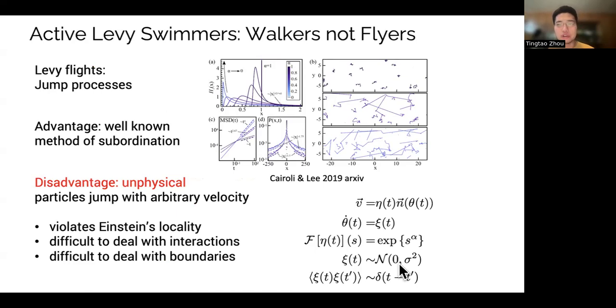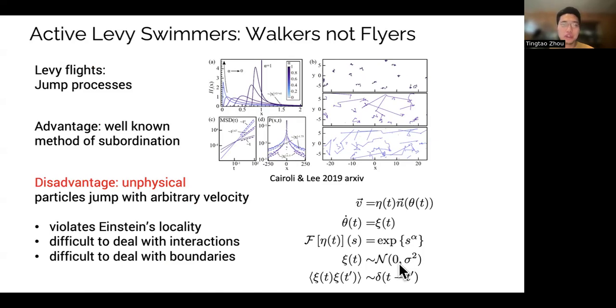Nevertheless, we know phenomenologically that these bacteria perform very, very long correlated walks. So we're going to try to model that as a Levy process. Here we are trying to be very careful and make the details work. So we're going to particularly choose the model to be Levy walks instead of Levy flights, right?